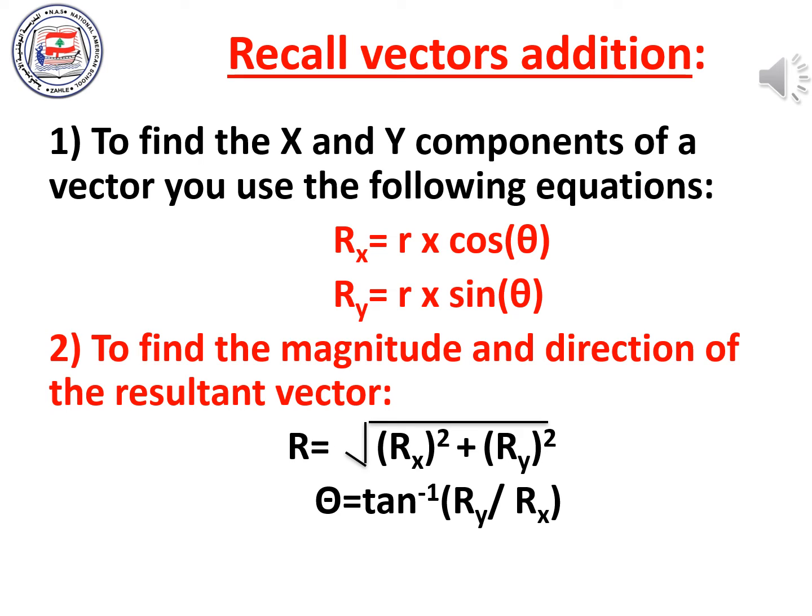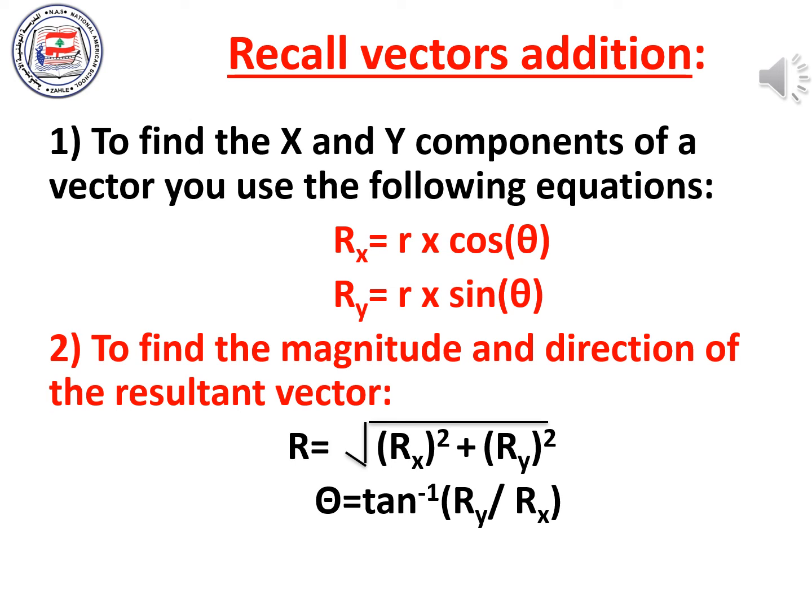R is the magnitude of the vector and theta is the angle relative to the horizontal. So in order to find the x and y components, we need to know the magnitude of the vector, the length of the vector, which is called r, and we need to know the angle, the direction relative to the horizontal.